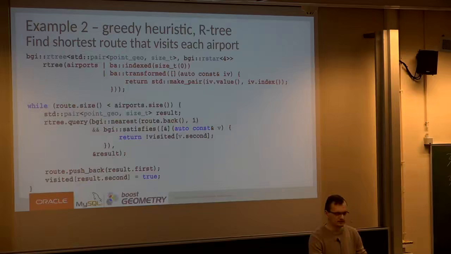So I have all of the data needed in my R tree, and then I'm doing again the same until I have all of the points. I'm performing a query, but this time I'm not traversing all of the airports to search for the closest point, but using the R tree for that, and I'm passing the nearest predicate, and I need the nearest point which also satisfies the condition that it is not visited, right?